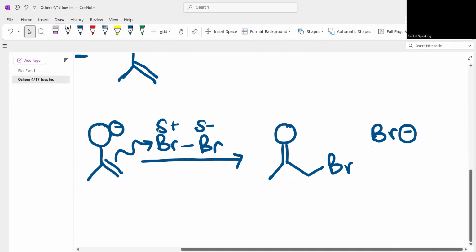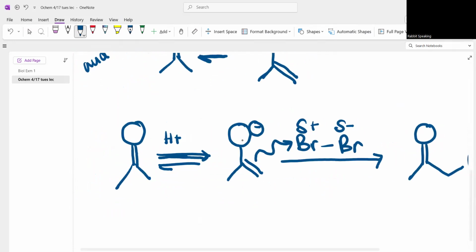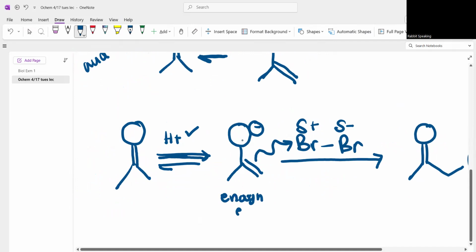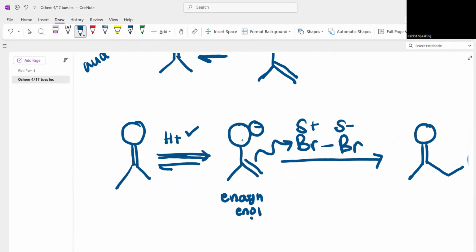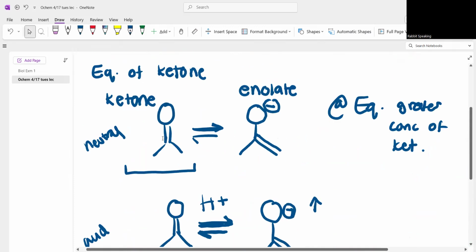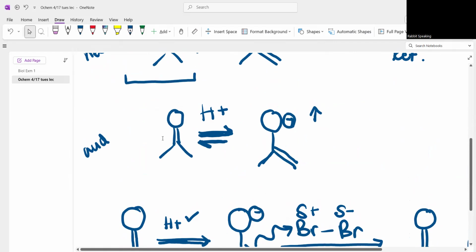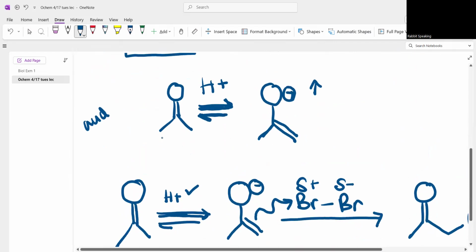So the key here is that through acidic conditions, we'll get enough of our enol form. Oh, I made a mistake here. When you introduce an H+, this H+ will actually react and add over here.